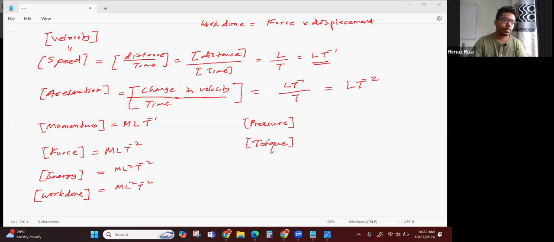So torque, we know, is force into perpendicular distance. Torque is equal to force times the perpendicular distance to the line of action of the force from the pivot point. So here let's write down like this: force into the perpendicular distance.